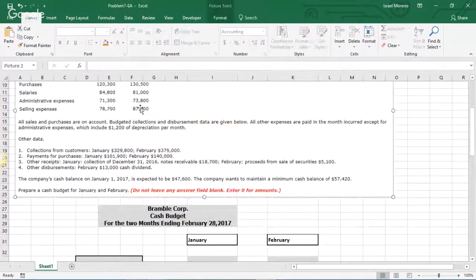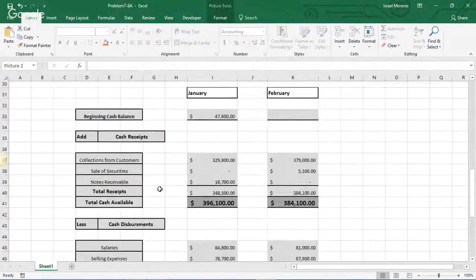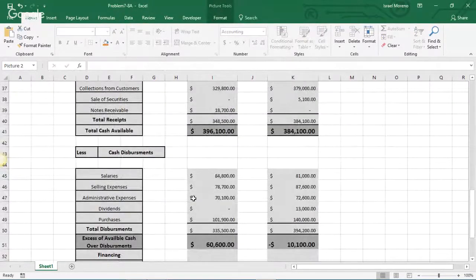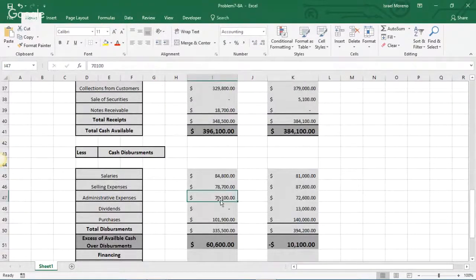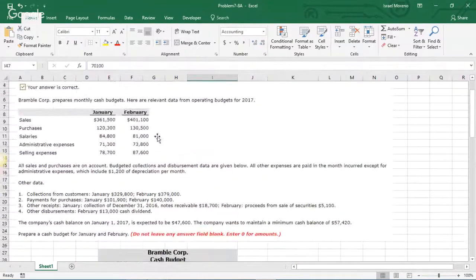It's right here. Now, administrative expenses is a little bit tricky. The numbers are a little different because the administrative expenses on the chart have included the depreciation for the month. Now, we need to deduct it. In this sentence we can read that the depreciation for the month is 1200.